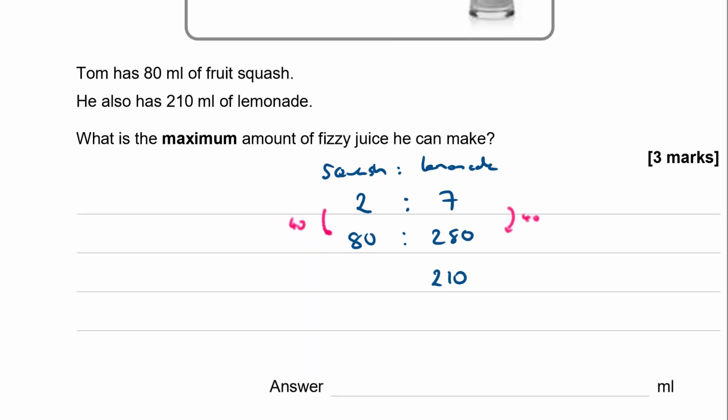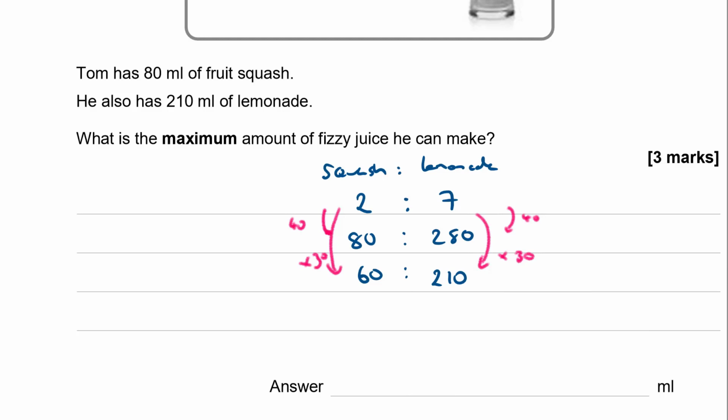Now to go from 7 to 210 is times by 30. So if I times this one by 30, I'm going to get 60. So for my 210 milliliters of lemonade, I'm going to have to add 60 milliliters of squash.